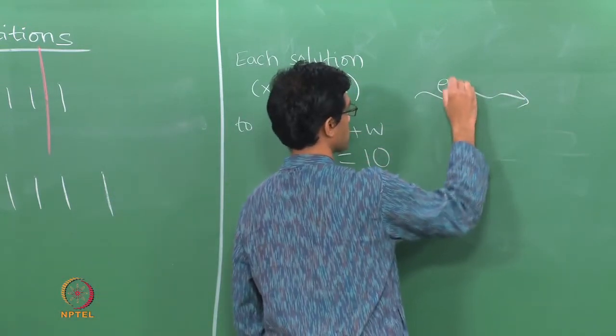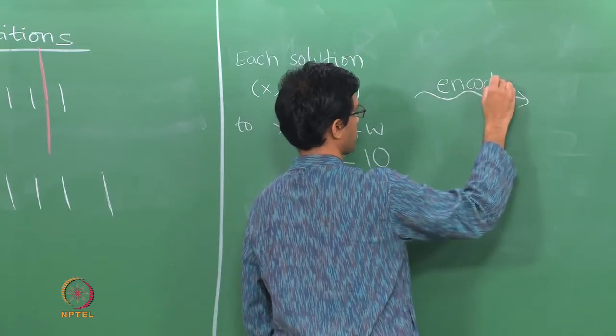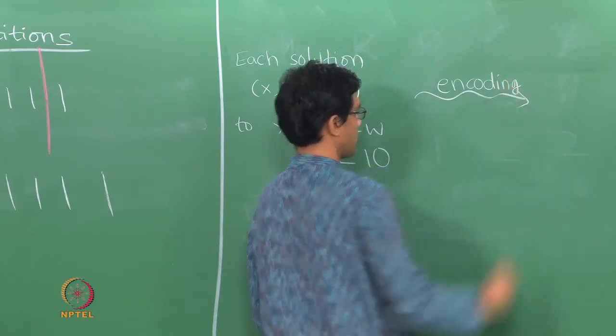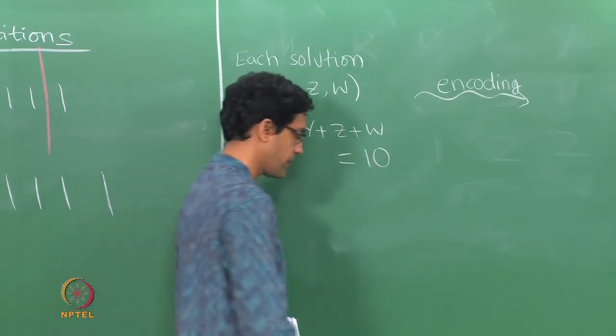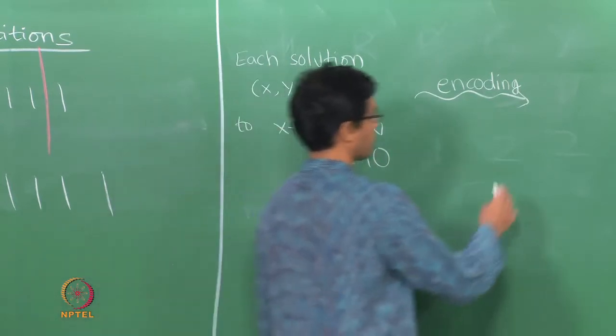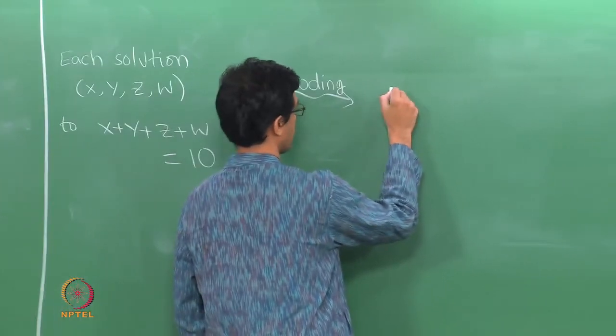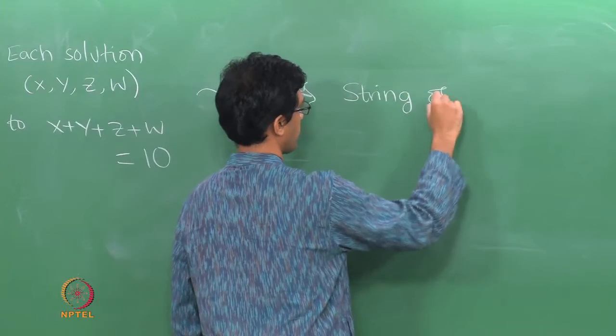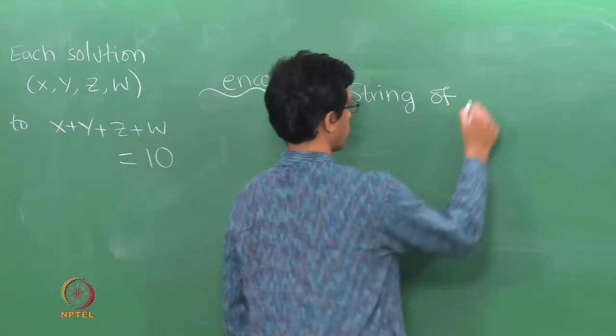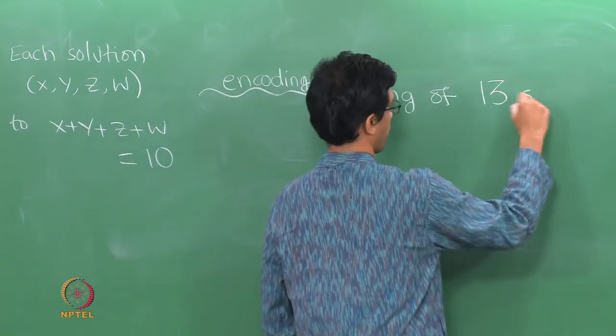So what we are doing is coming up with an encoding. We want to think of the same thing in a different way, which will be easier to count. It's encoded by a string, a sequence of, well, a string of what? Well, of 13 symbols.